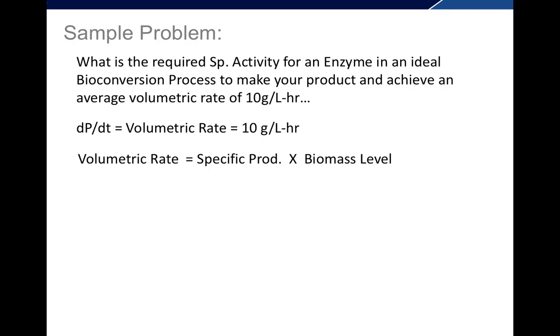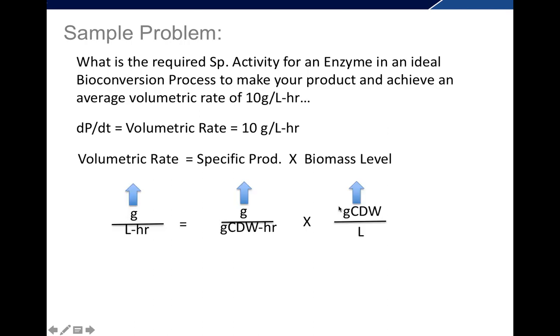We know that the volumetric rate is the specific productivity or specific rate times the biomass level, right? So we need to estimate or know a biomass level to be able to calculate the specific productivity or vice versa. So we're not given that in the problem, but we can assume a given biomass level, and for this sake, we're going to assume 50 grams dry cell weight. So the volumetric rate is gram per liter per hour.